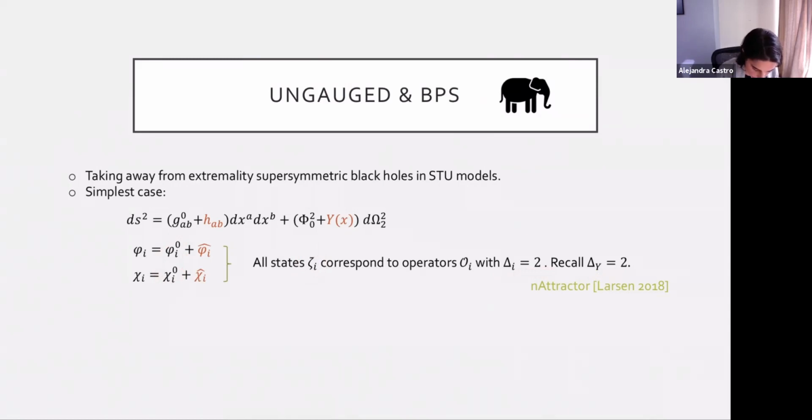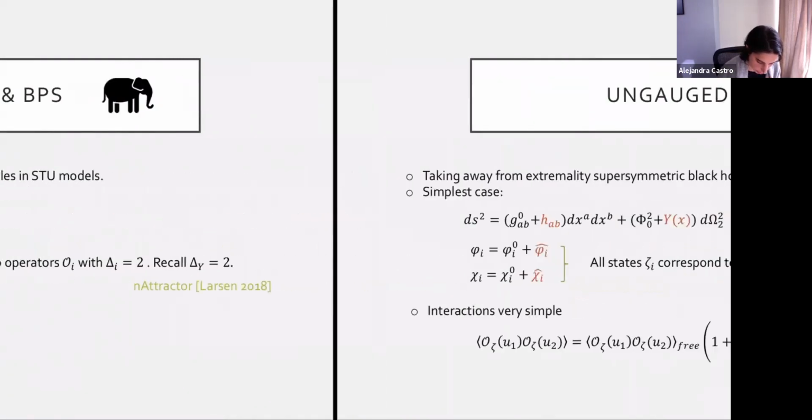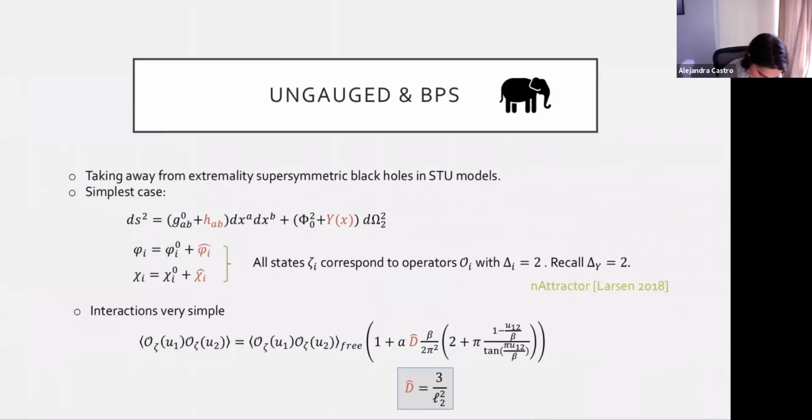That's a fact, first described in this context back in 2018. In terms of the interactions, the number that you get is also very simple and elegant. This d tilde, you compute it very carefully, and it's 3 over the AdS2 radius. So that's a simple case.